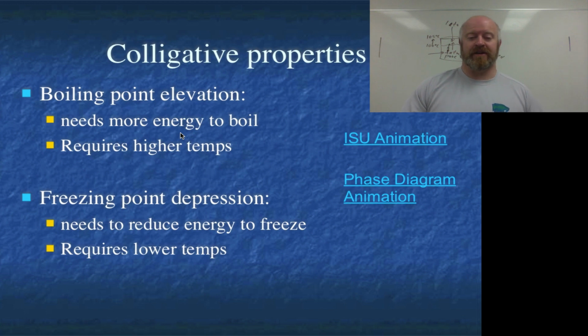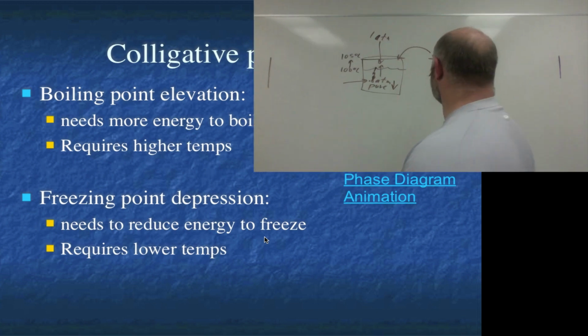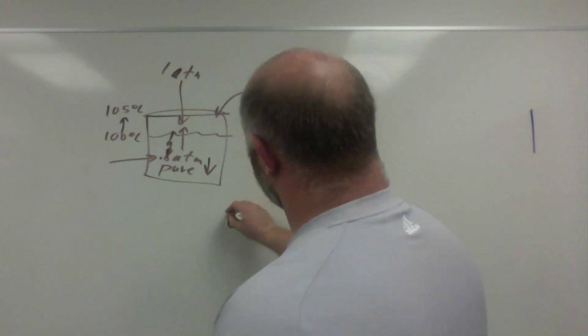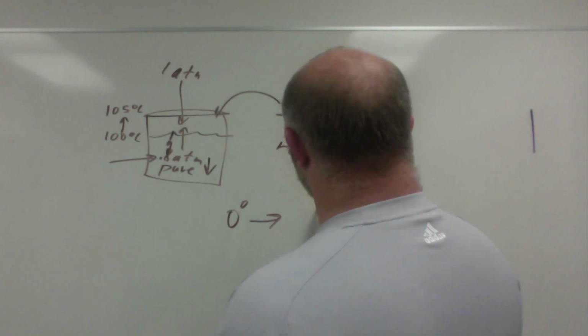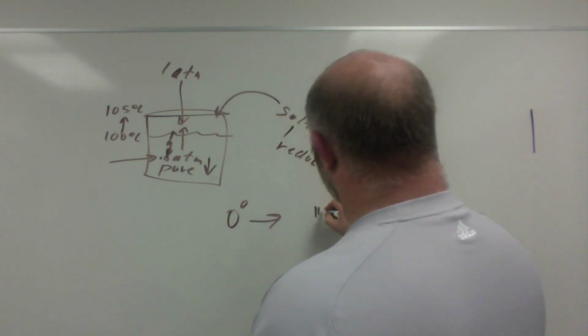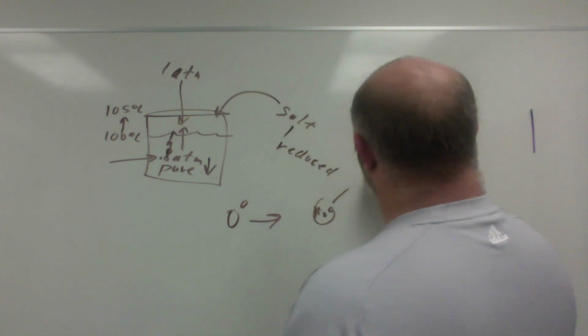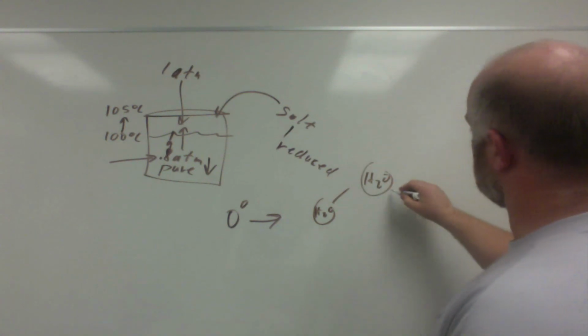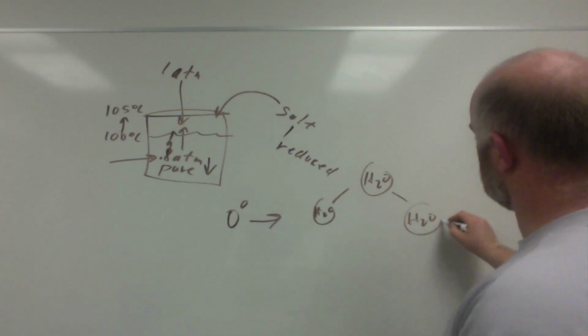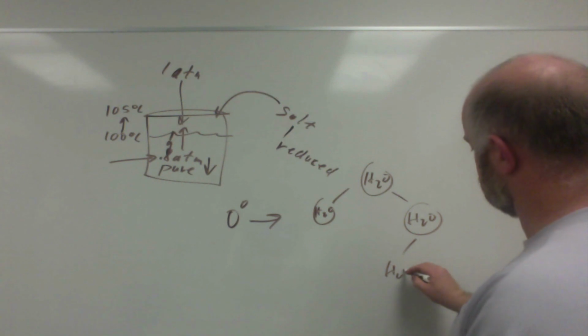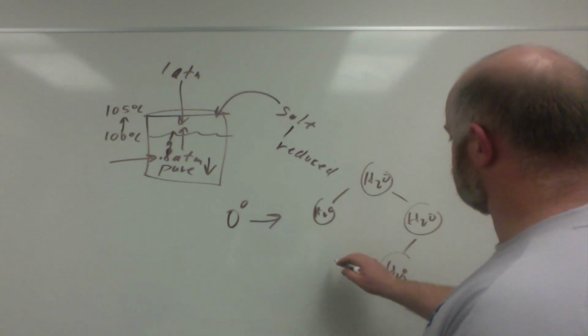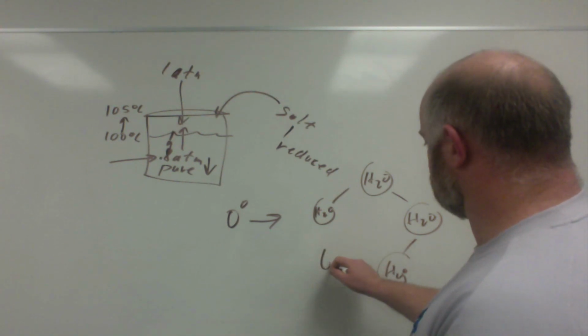So what you really need there is a reduction in temperature. If you can imagine, normally when we hit this 0 degree point, we start to form these hexagonal water crystals.